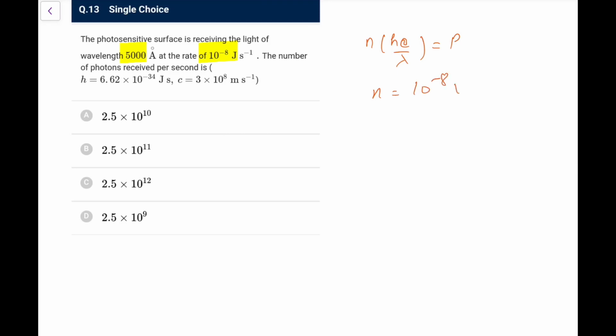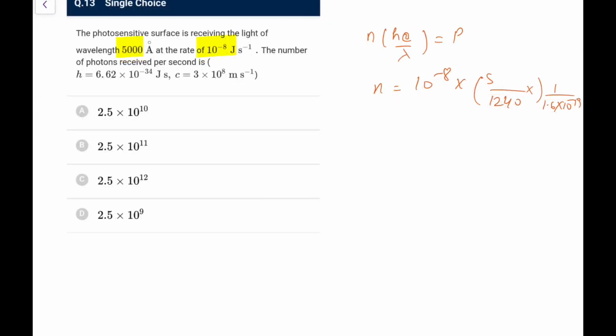So n would be power 10 to the power minus 8, divided by hc by lambda, where hc is 1240 and this is 500, and converting, 1.6 into 10 to the power minus 19. The 0 and 0 get cancelled, and what you have is 10 to the power minus 8 over 10 to the power minus 19, which is 10 to the power 11, and then 50 upon 124 into 1.6, approximately 22 to 25.